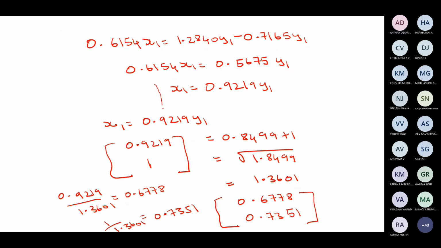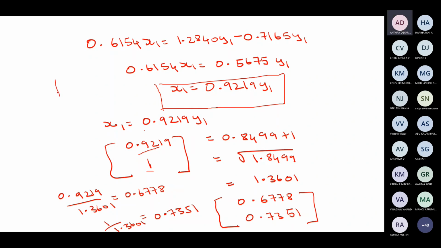Now, to find the particular eigenvector values, y1 can be varied with so many numbers. But to come to a standardized form to find the final exact value, just put y1 as 1. If I put y1 as 1, my x1 is 0.91.